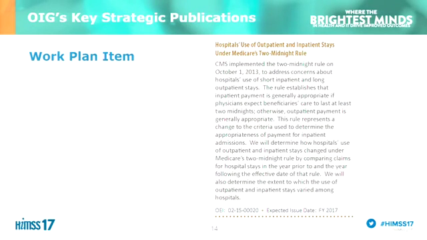So next you're going to see who OIG is looking at. We often get questions about how we sample, whether it's a national sample, a specific hospital, a state. From the work plan and from this item, you can see that we're looking at hospitals' use, which means all hospitals' use, not hospitals in a specific state or a single entity.